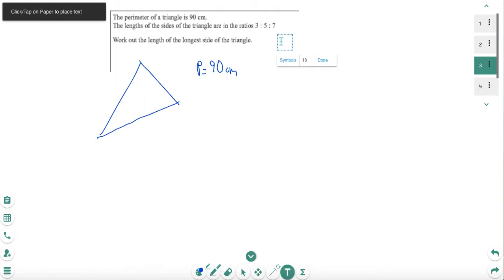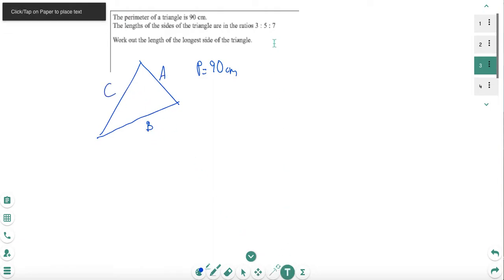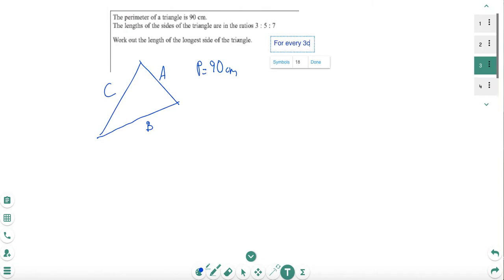And the lengths of the sides of the triangles are in the ratios of 3 to 5 to 7. So let's interpret that. Let's call the 3 sides A, B, C. So we can say for every 3 centimeters of length, which is A, B is 5 centimeters and C is 7 centimeters.